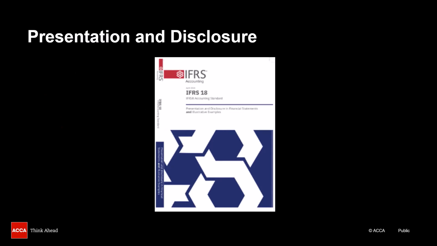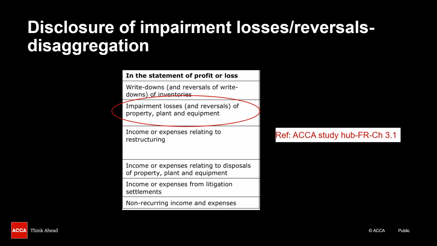Now let us examine how impairment losses and reversals will be presented and disclosed. In an FR exam question, you may be required to prepare a statement of profit and loss in which you categorize income and expenses correctly, or you may be required to identify within which category a specific item of income or expense is presented. IFRS 18 suggests that certain items may require disaggregation either in the primary financial statements or the notes.